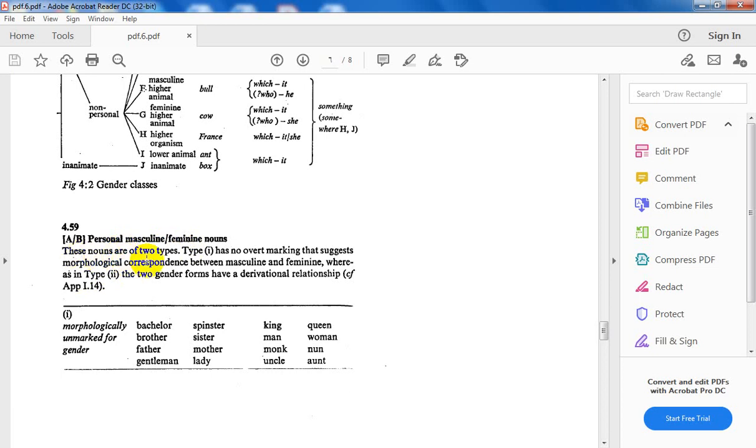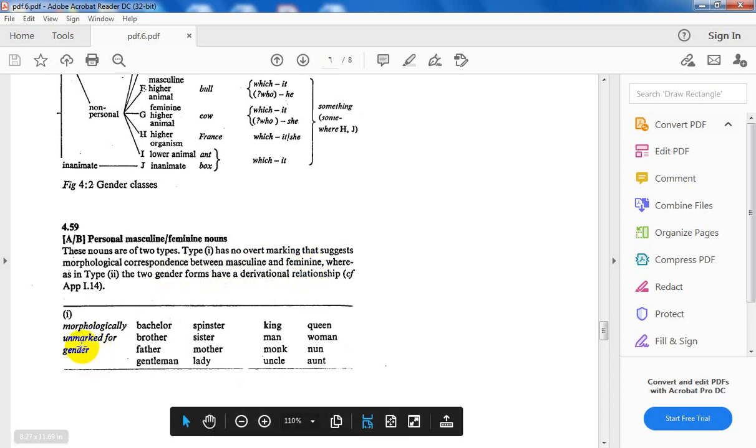These nouns are of two types. What are they? Type one has no overt marking that suggests a morphological correspondence between masculine and feminine. This is called morphologically unmarked for gender.